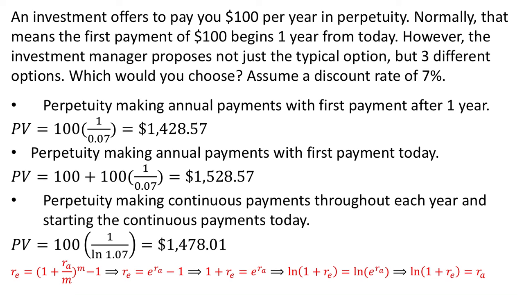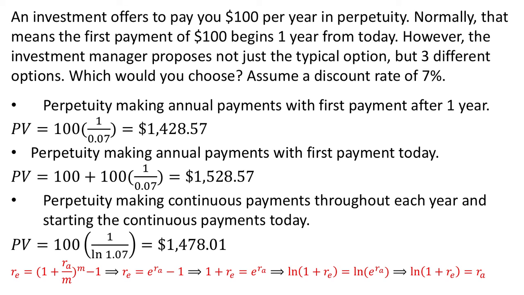Well, we said that when we take m to infinity, the effective interest rate, R sub E, is equal to e to the R sub A minus 1, right?